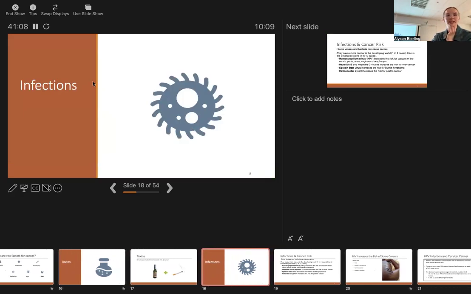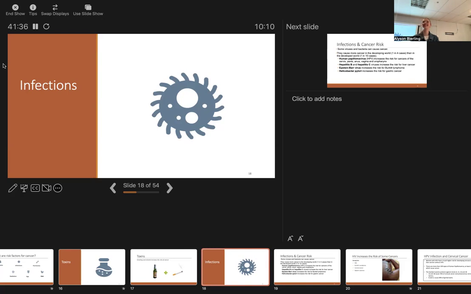Infection, so this was mentioned, and somebody listed HIV as one infection that contributes to risk. Can anyone think of any other infections that increase risk of cancer? Yes, HPV.